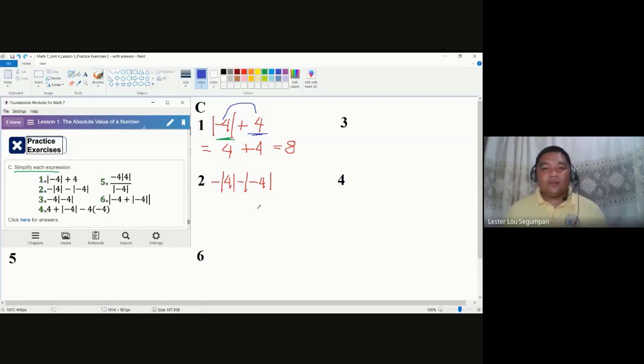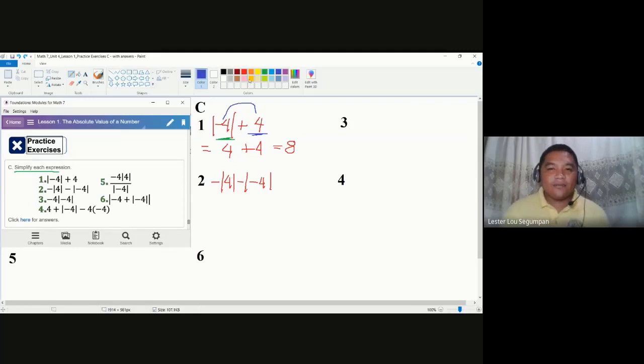And just to remind, I purposely placed number two here to remind us that not all answers of absolute value expressions are positive. Yes, when we simplify an absolute value notation, we always take the positive value of the real number inside the notation, but we have no control over the operations outside it.